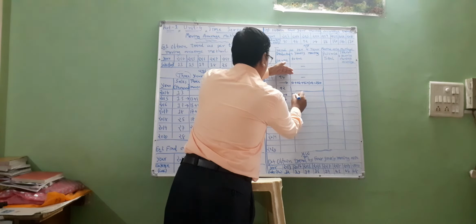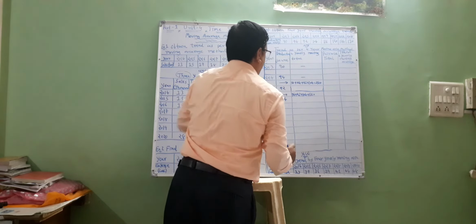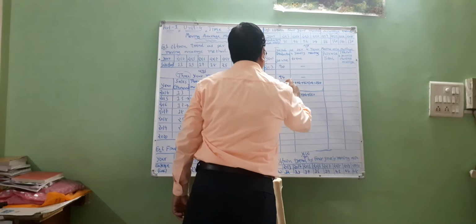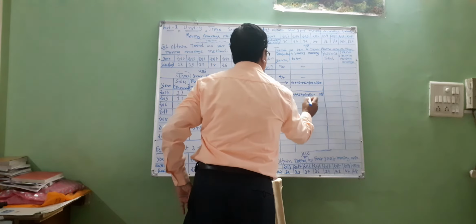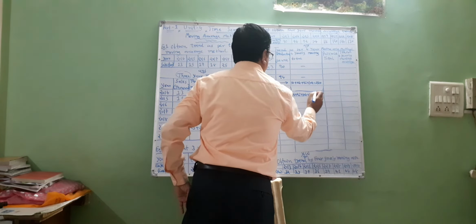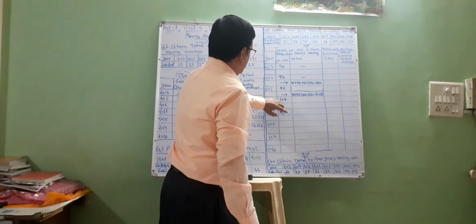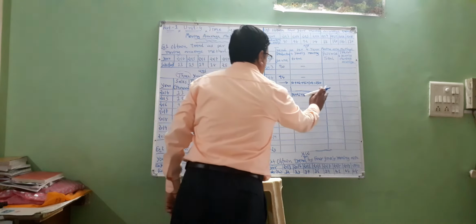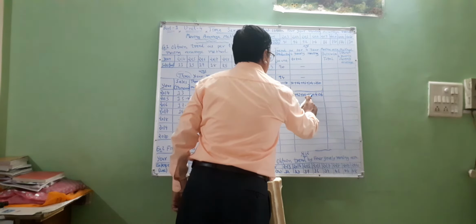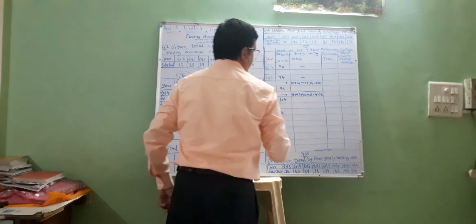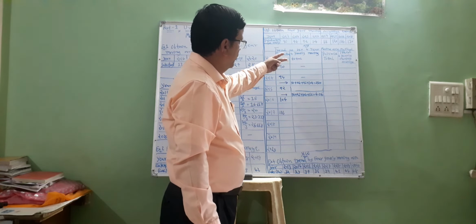Now take total of these 4 items right between here after keeping gap. So 94 plus 92 plus 104 plus 116. So total is 406. Now we get a pair of these two 4-yearly moving totals.